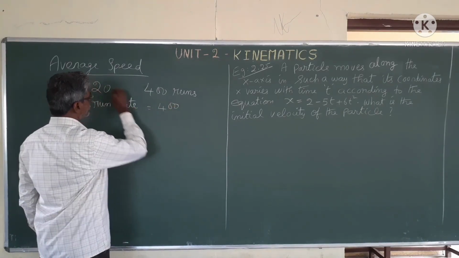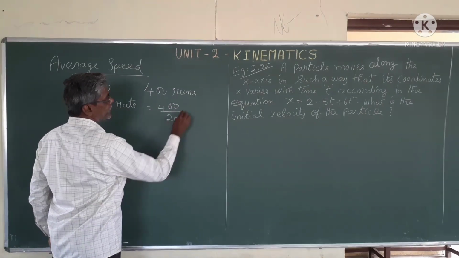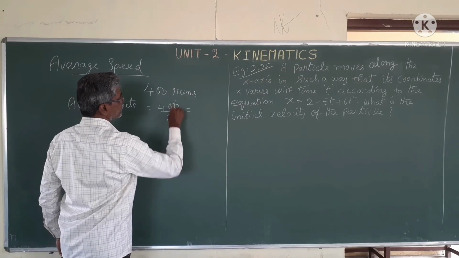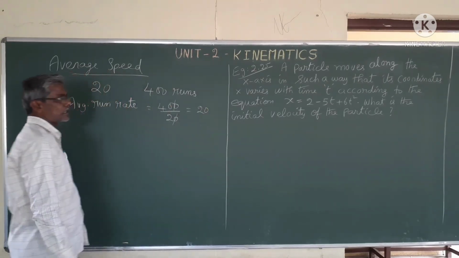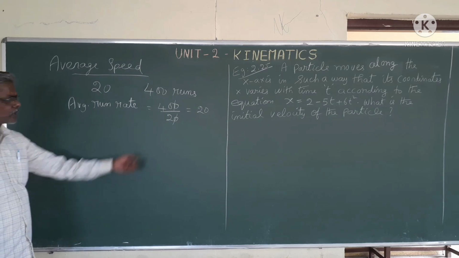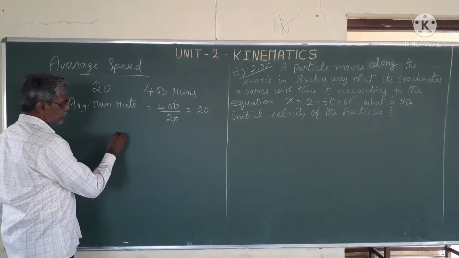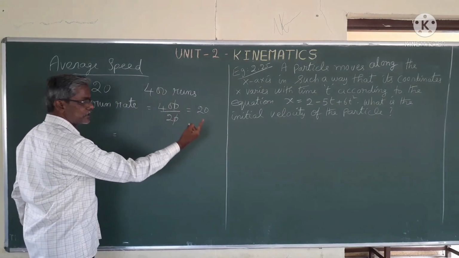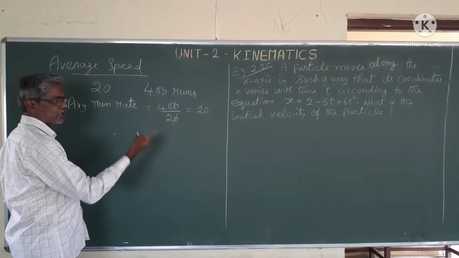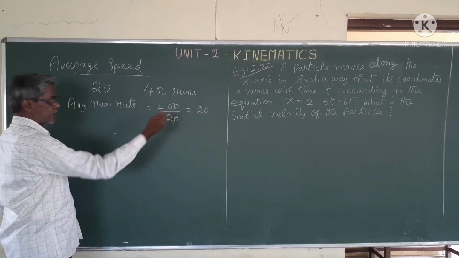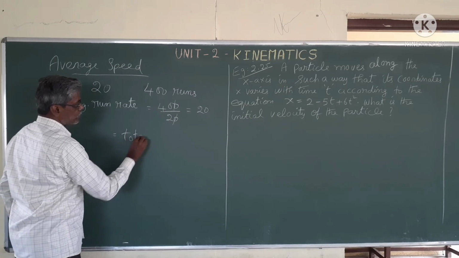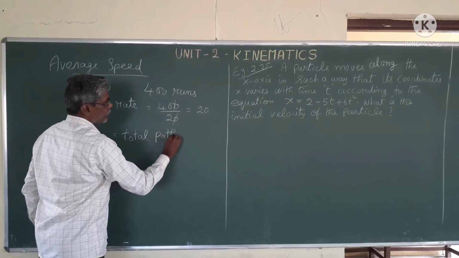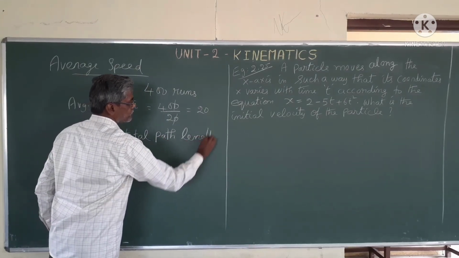It is 400 divided by 20. So the average run rate is 20. This 400 is the total distance traveled, or total distance covered, or total path length.